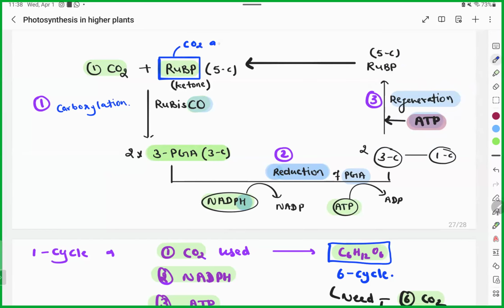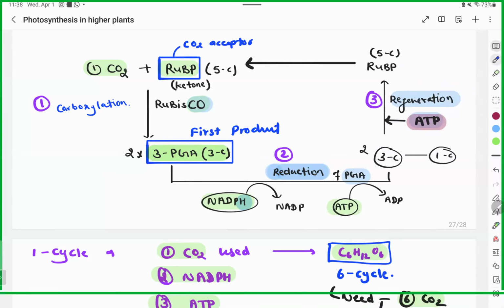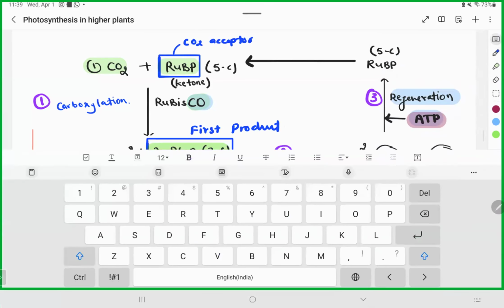CO2 acceptor is this. What is the first product? First product of the Calvin cycle, PGA. Correct. First product will be PGA.